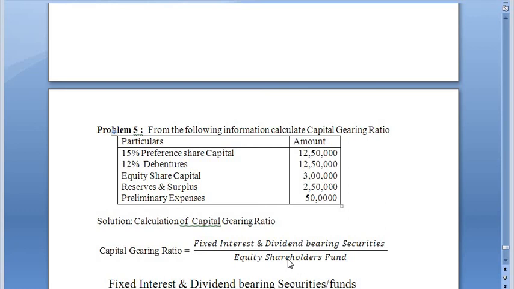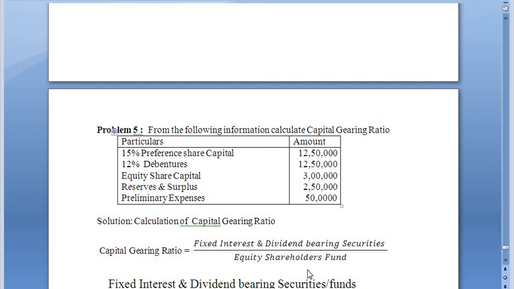Okay, and the next one is shareholders fund. Shareholders fund is nothing but the amount of equity share capital plus reserves and surplus minus fictitious assets, that is goodwill and preliminary expenses. Okay, so one by one we'll calculate both the amounts and then we'll put these amounts into the formula.